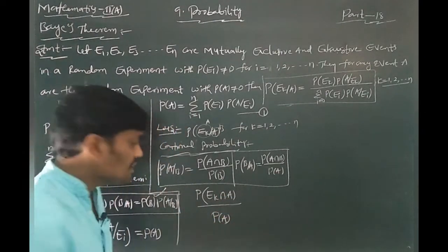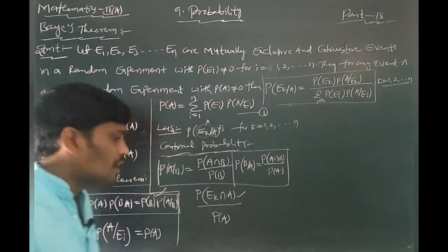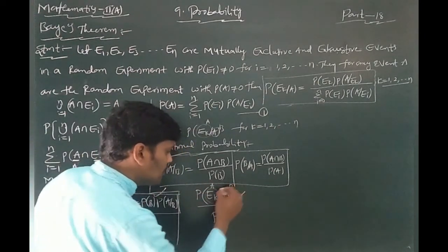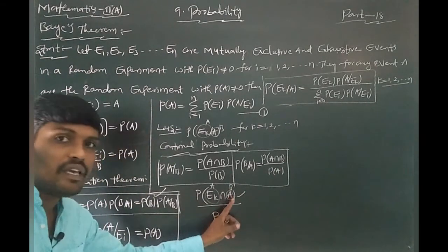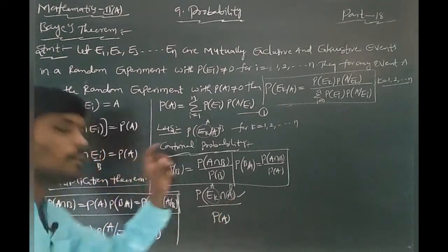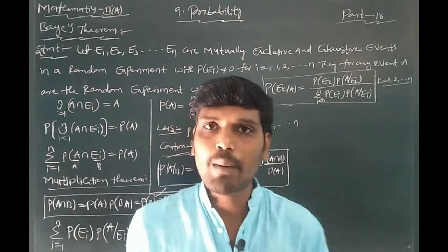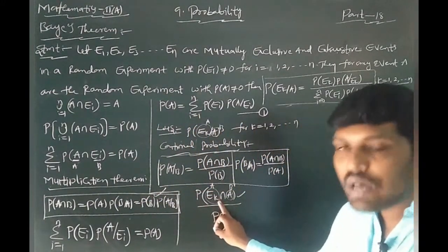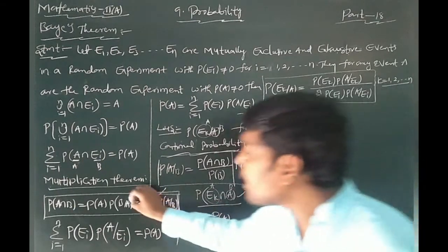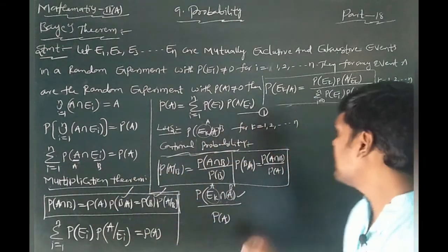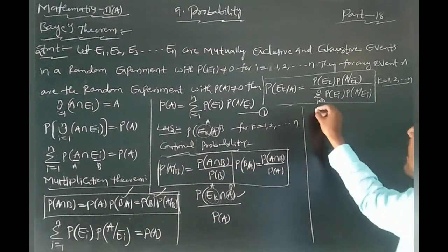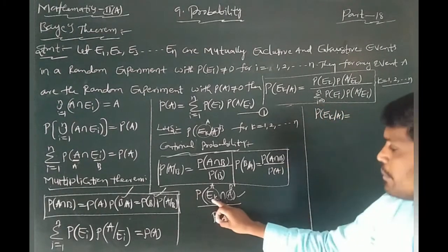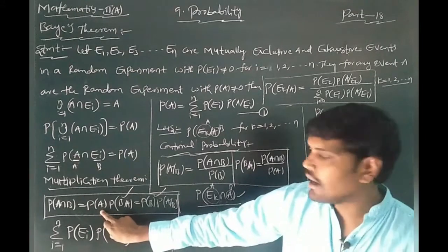Once again, the numerator has the A intersection B form. In this numerator, P of A intersection B, you can use the multiplication theorem on probability. In this theorem, which formula can you use? The first formula, P of A into P of B by A. So P of E_K by A equals P of A intersection B, and you can use the first formula.